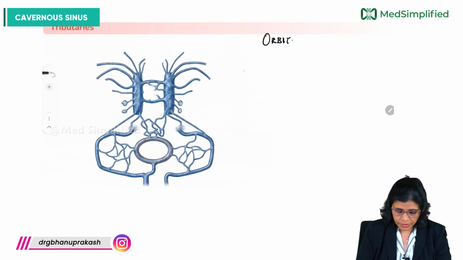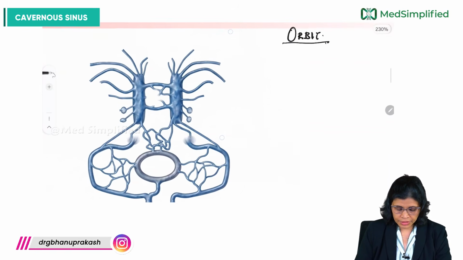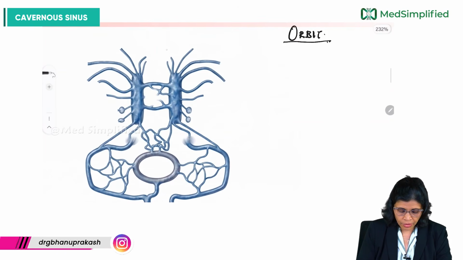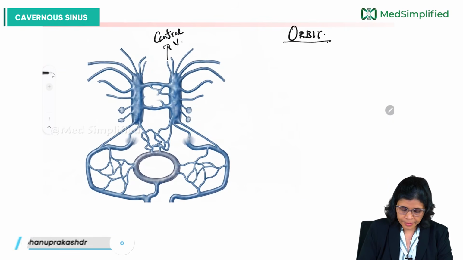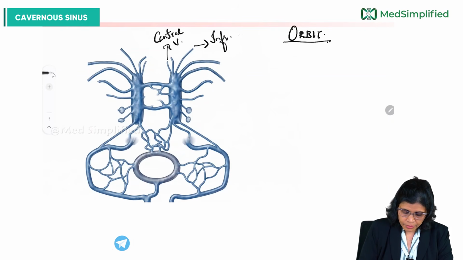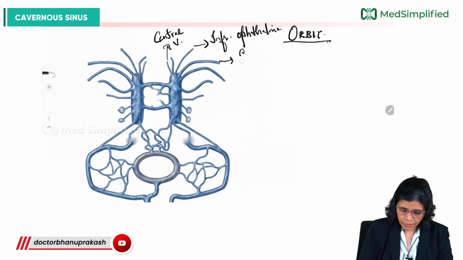The tributaries which drain from the orbit are the central vein of the retina, then we have the inferior ophthalmic vein and the superior ophthalmic vein.